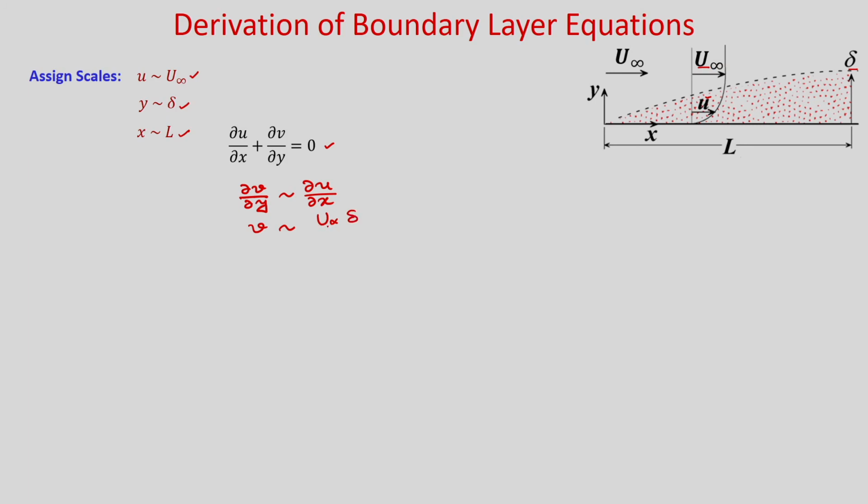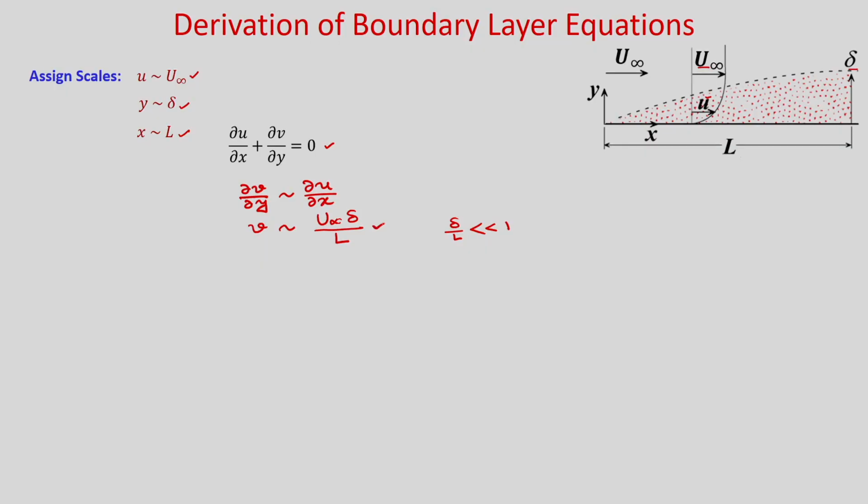This is delta, divided by x, which is L. So, the order of velocity v is u infinity delta by L. Here we have already assumed that delta by L is much smaller than 1, so v will be much smaller than u infinity. So, the velocity in the y direction, v, is very small compared to u infinity, and we got the scale for v velocity as this.